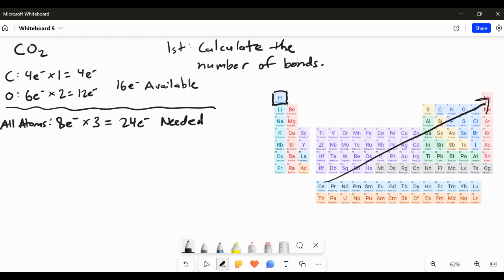Now, we want to calculate how many are we short. So 24 electrons needed minus 16 electrons that's available. That means we're short 8 electrons.